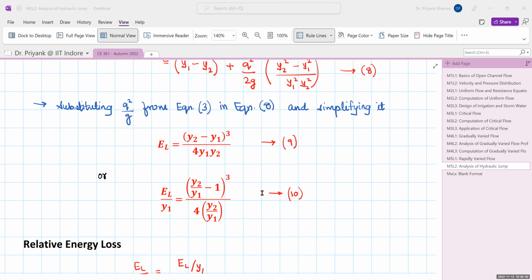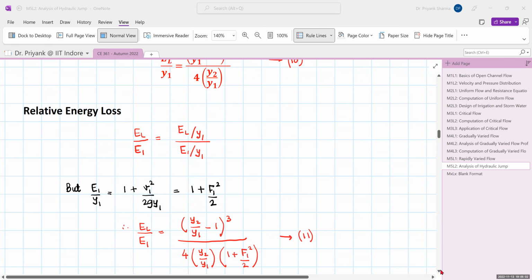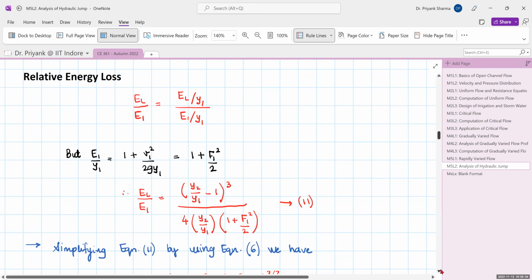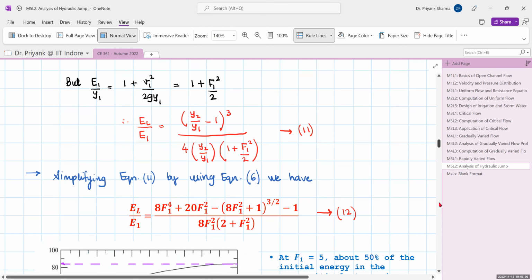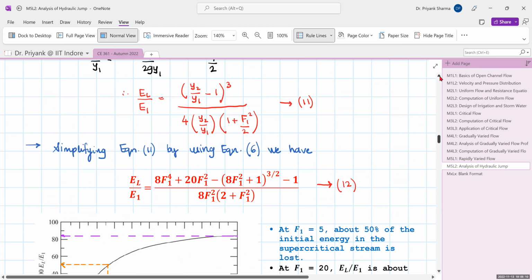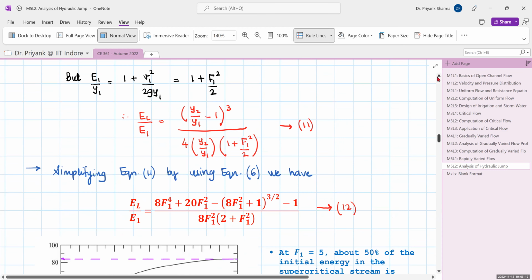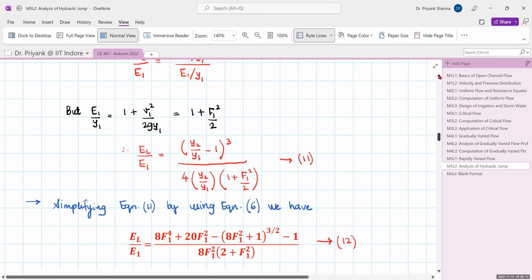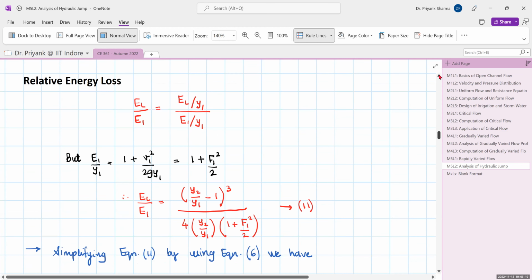There is another term called relative energy loss, which is the ratio of EL by E1. So your initial energy is E1 and the energy loss is EL. So using that, we find out the relationship between EL and E1. As we simplify it, EL by E1 is nothing but (EL by y1) upon (E1 by y1).